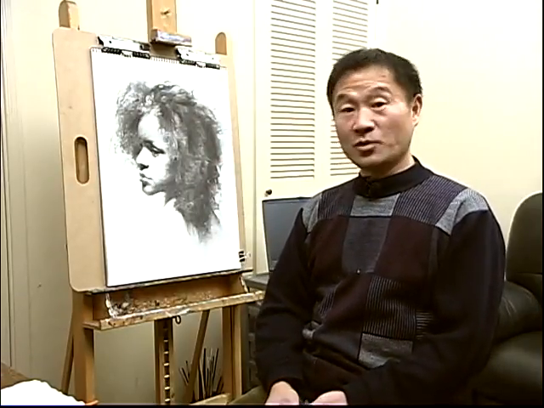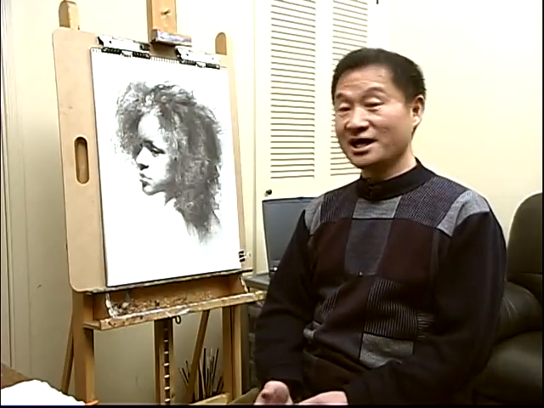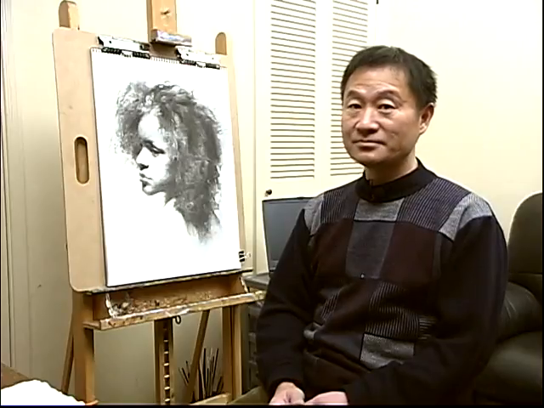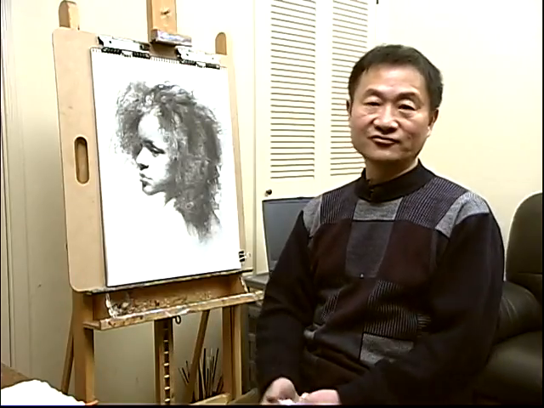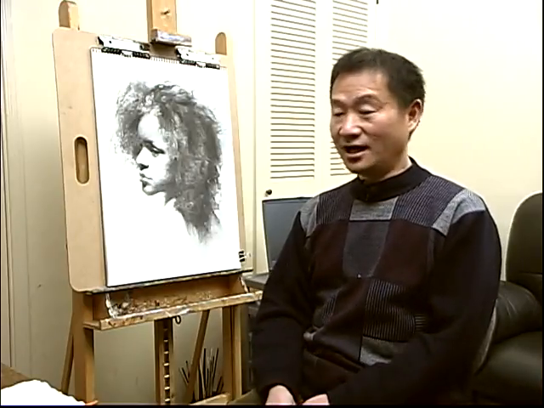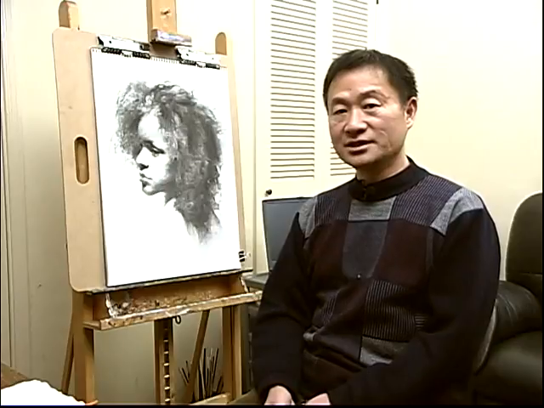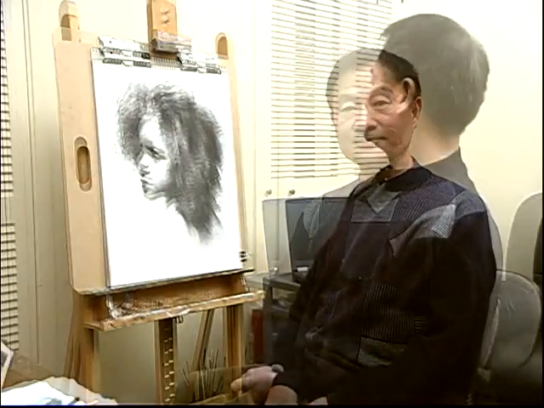So that's the way I preserve the drawing, because the vine charcoal, if you don't spray that, it will be gone after a few days. If you touch it, it's difficult to protect and preserve the drawing. So normally that's the way I do it.